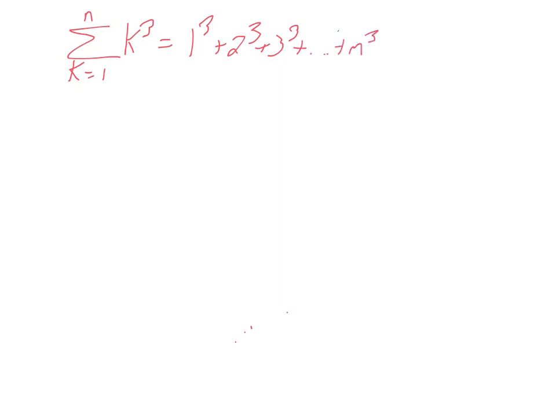That's going to be n times n plus 1 over 2, squared. Once again, that has to be proven using mathematical induction. We won't worry about that for now, but know how to use that formula.